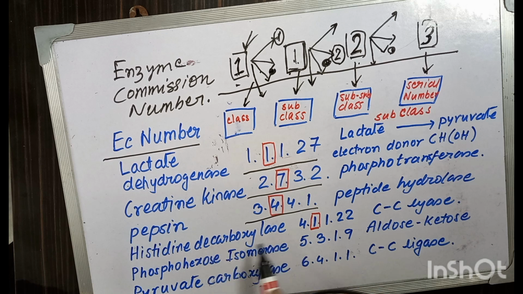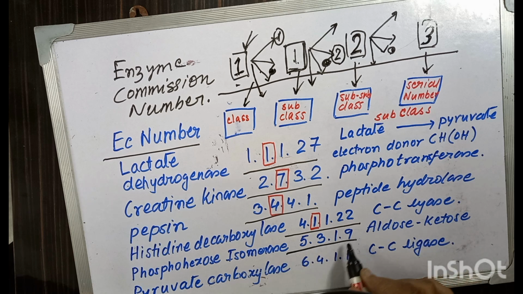Histidine decarboxylase, the one removing carbon dioxide from histidine, is 4.1.1.2. Phosphohexose isomerase, converting glucose to fructose and fructose to glucose, an aldose-ketose isomerase, is 5.3.1.9.